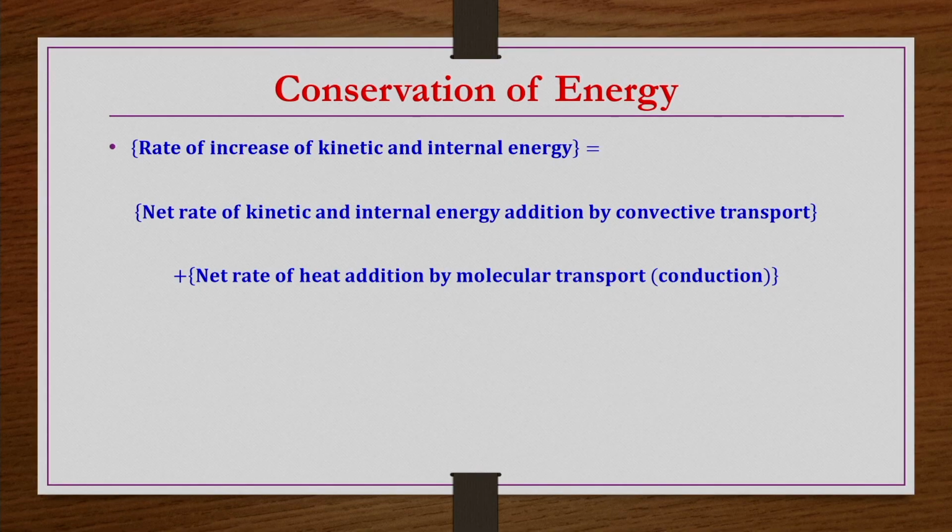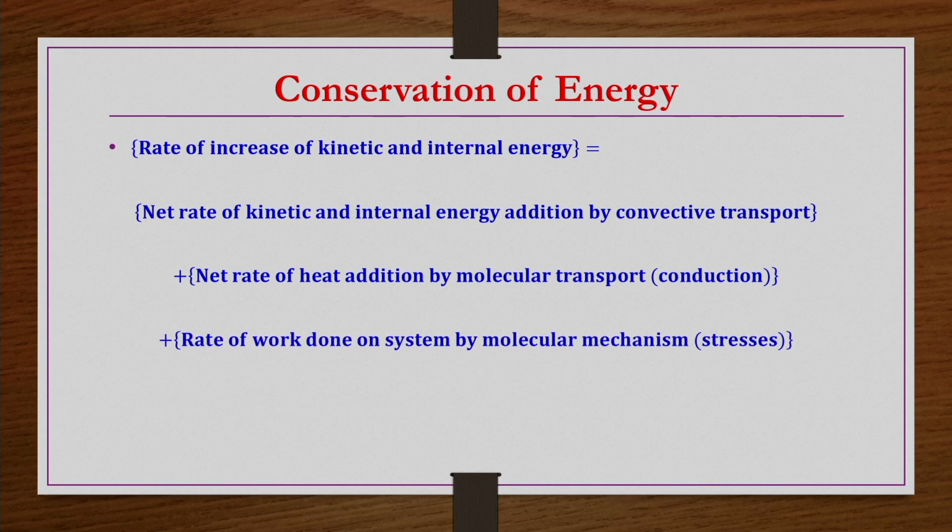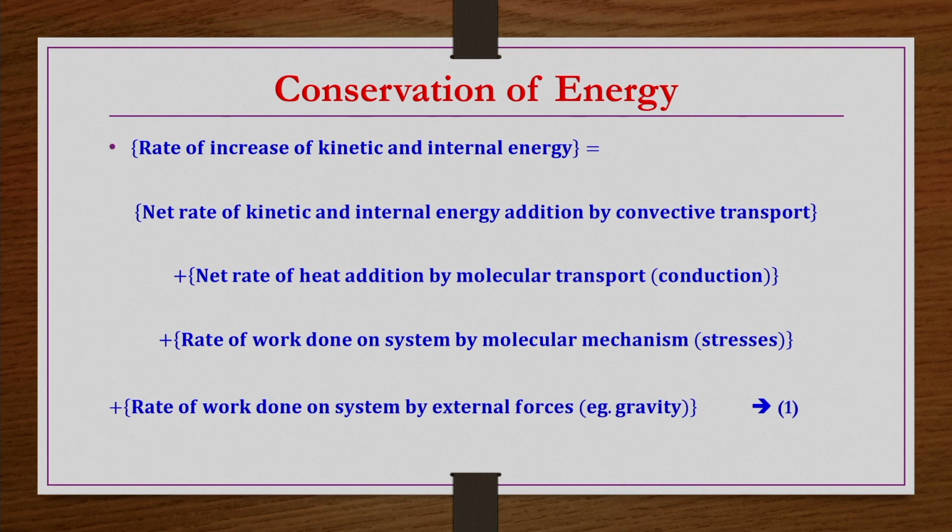Now, for a fixed volume element in which the fluid is moving, if you make a balance equation for conservation of energy, the rate of increase of kinetic and internal energy should be balanced by the net rate of kinetic and internal energy addition by convective transport, plus the net rate of heat addition by molecular transport, that is by conduction, plus the rate of work done on the system by molecular mechanisms like stresses, plus the rate of work done on the system by external force like gravity, right.